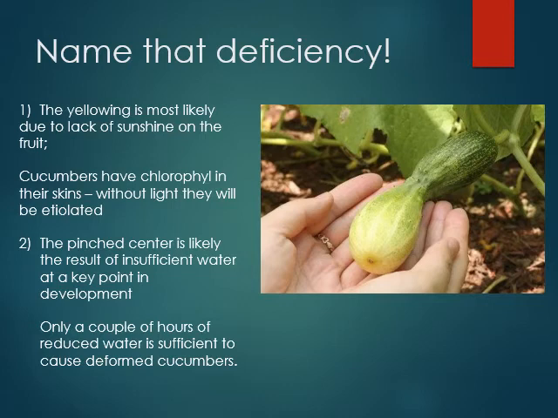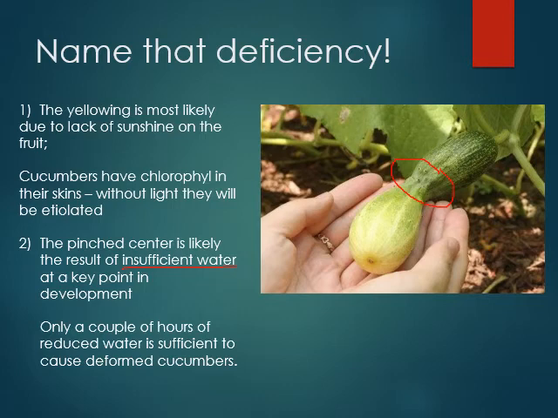So sometimes the cucumber is tucked in the ground or it's buried under something and it gets yellow where it doesn't see sunshine. The second thing we're looking at here is this sort of pinch central hourglass shape. That means that there was insufficient water delivered to that fruit at a point in time.